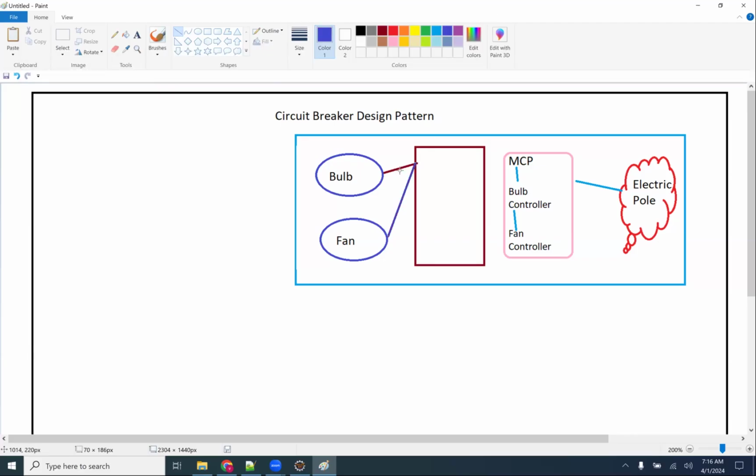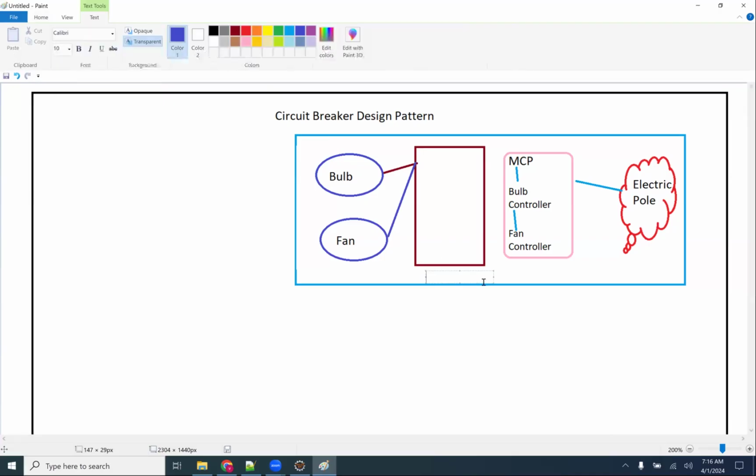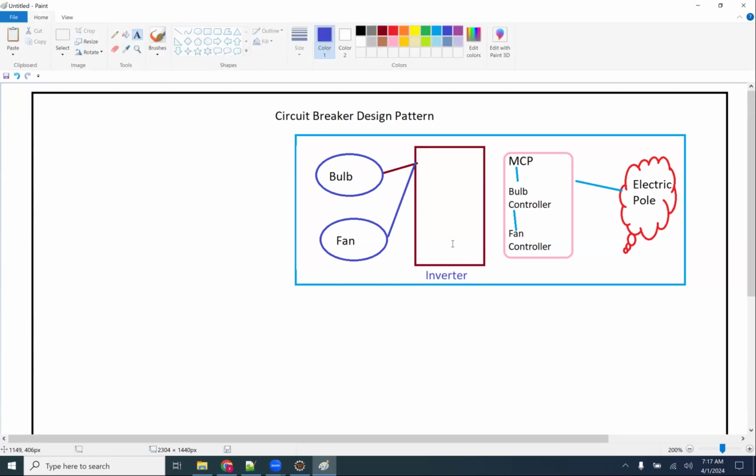They will be connecting to the inverter itself. I can say that this is an inverter.